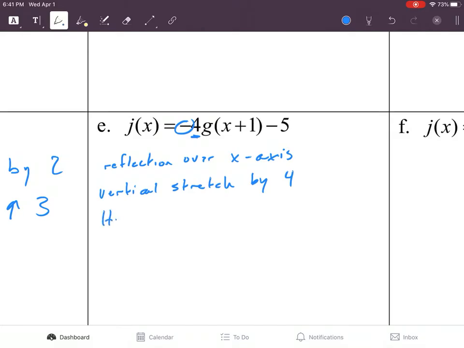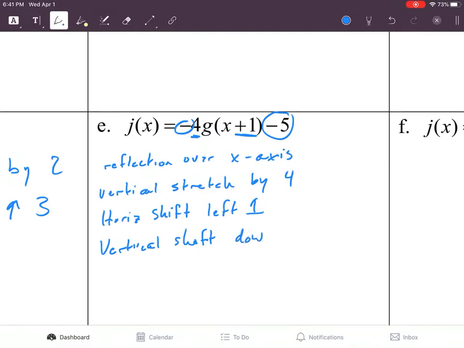There's a horizontal shift going to the left by 1 because it's on the inside. And then lastly, on the outside here, we have a vertical shift and we're going down by 5.